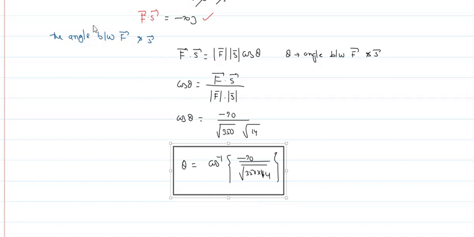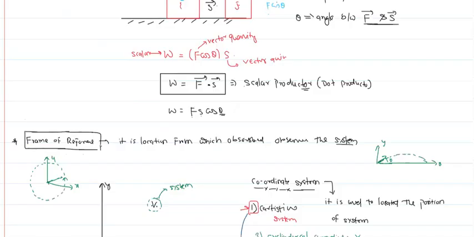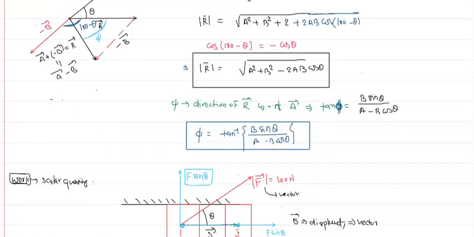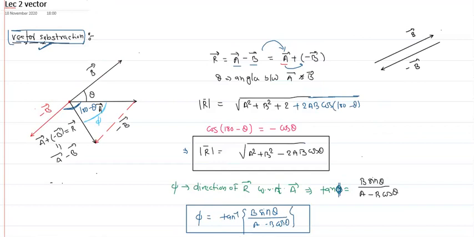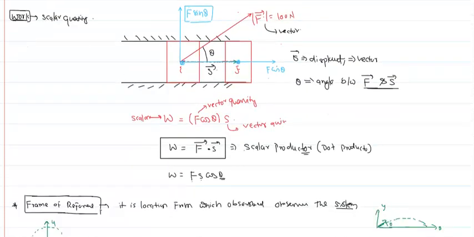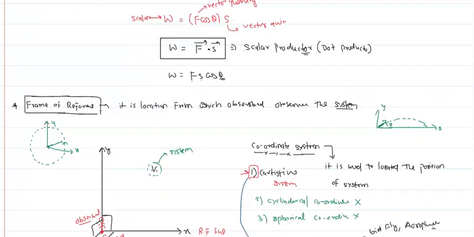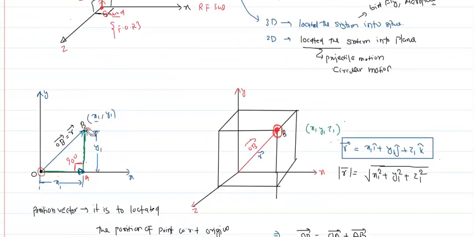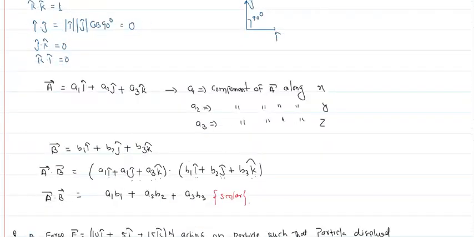Is there any doubt, anyone? No, sir. So I taught you three things today: how to subtract the vectors, how to find the dot product, and what is the frame of reference and the coordinate system, how to locate the position of a point in a plane and in space.